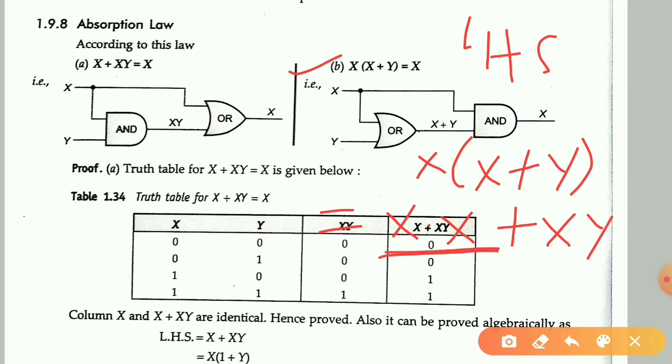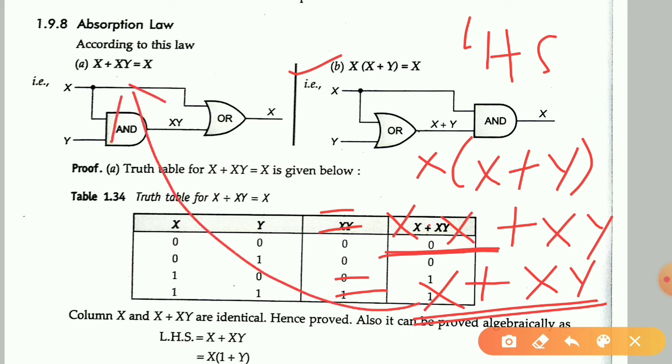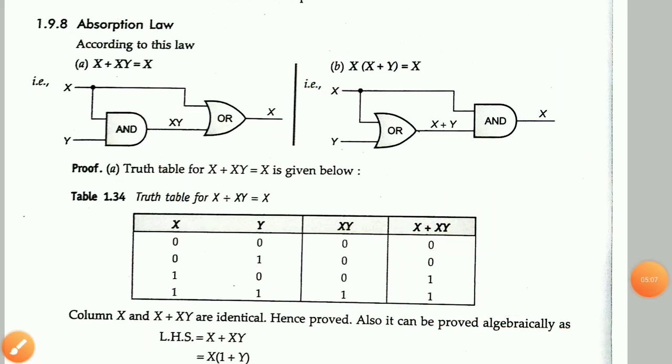Now this is your idempotence law. By applying the idempotence law, it will give you x plus xy. So here you can see, students, this is the first law, and the first law states x plus xy equals x. So this way the second law states x into x plus y equals x.